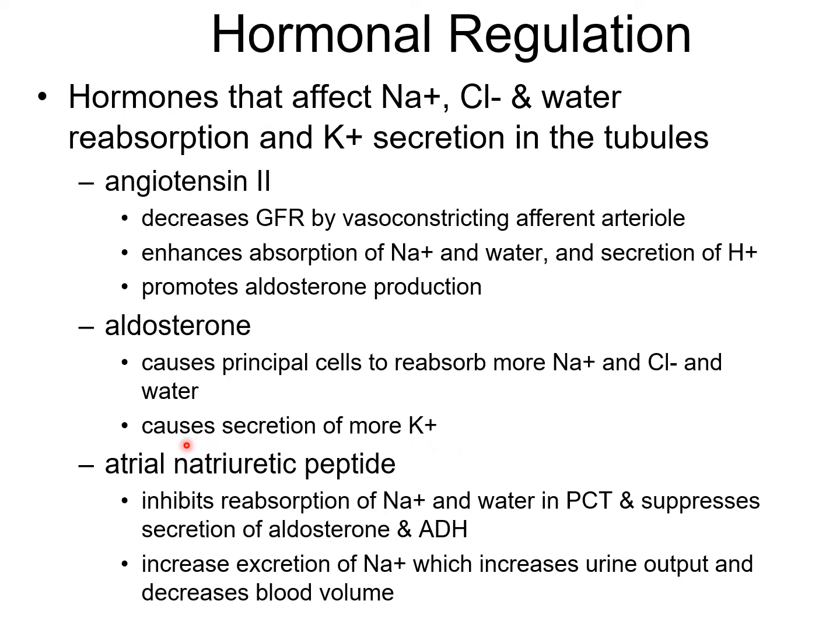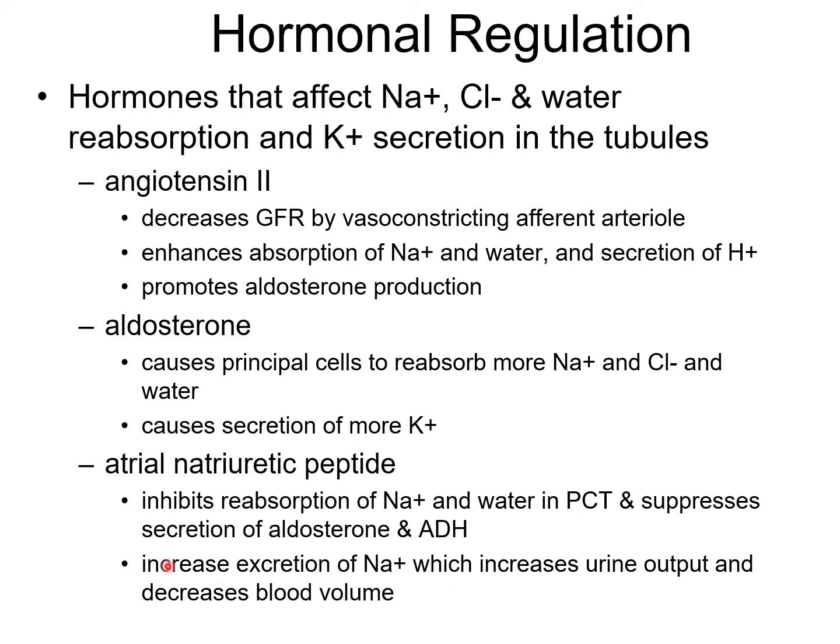We also have atrial natriuretic peptide. We have seen how this increases glomerular filtration rate, and in the tubular portion of the nephron, in the proximal convoluted tubule, it slows down sodium reabsorption, and when sodium is reabsorbed slowly, then water is also slow to reabsorb, and therefore the excess water remains in the filtrate, is not reabsorbed, and a large amount of water can be released from the blood.